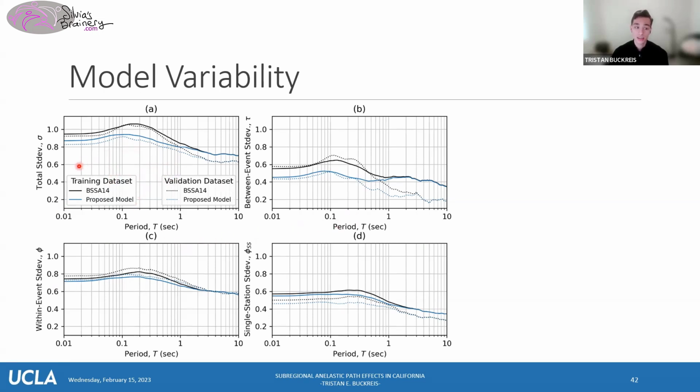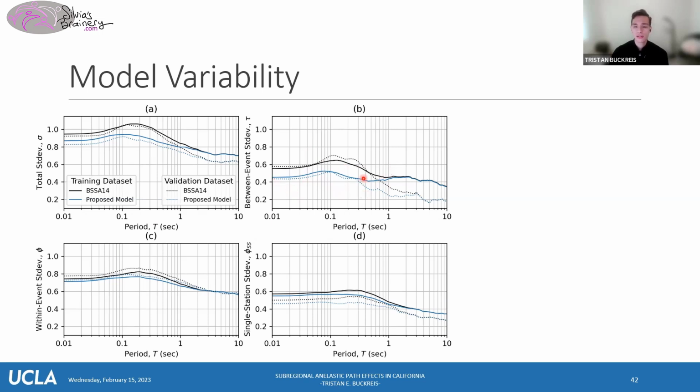The reduction's the biggest for the total standard deviation and also for the between event. So this is highlighting how previously path effects were really contaminating the event terms that we were estimating, especially in the North Coast events, and also it was pretty significant for the events in Eastern California. We saw significant bias because of path effects.